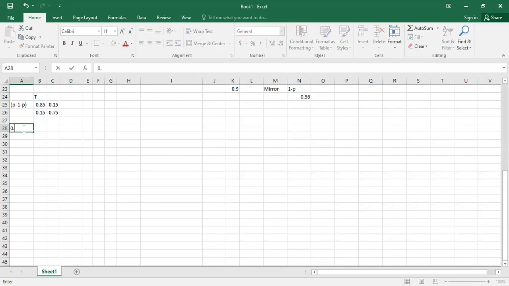That will be 0.85 P plus 0.15 into 1 minus P, and this will give us P. So we open up: 0.85 P plus 0.15 minus 0.15 P is equal to P.